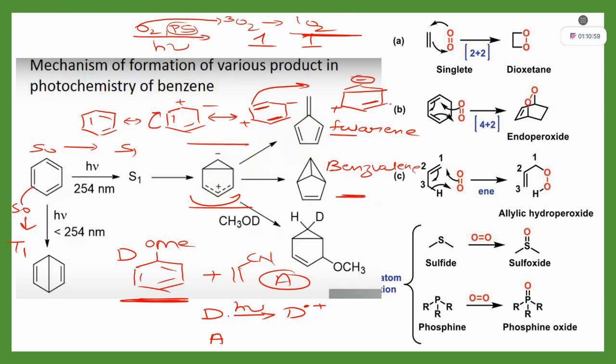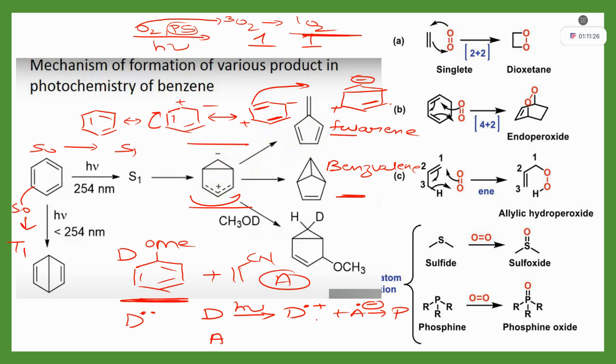So, your donor will become radical cation. You can understand from this. Let's say your donor is an oxygen atom. It is having a lone pair, right? Let's say it has given one of the electrons to any acceptor which can accept. So let's say an acceptor is there. You can directly get product. Another thing is that your acceptor on accepting will form radical anion.